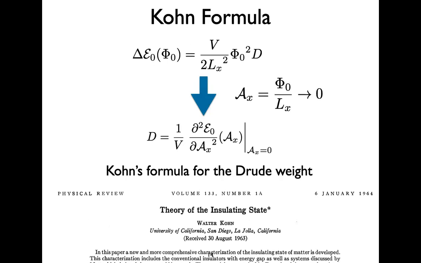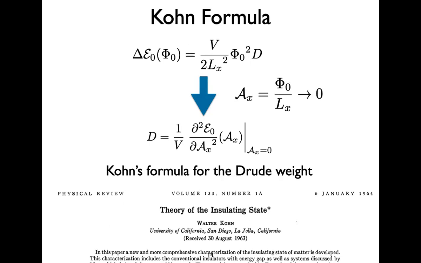So we have this formula. But now the ground state energy can be regarded as a function of flux or a function of vector potential. And for a very large system, this vector potential becomes very small. So you can replace this formula by this formula, that is, the Drude weight is given by the second order derivative of the ground state energy with respect to the vector potential.